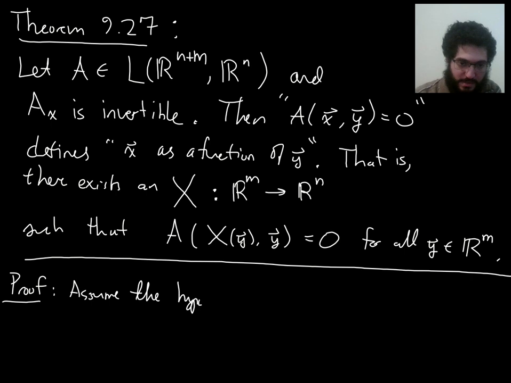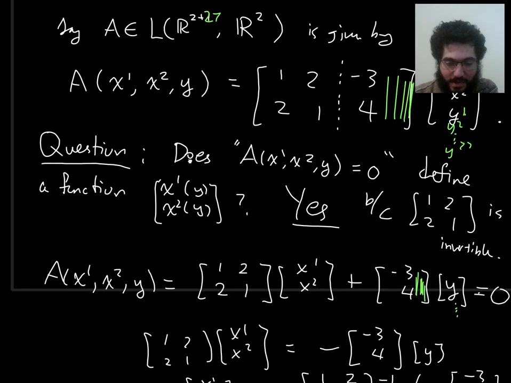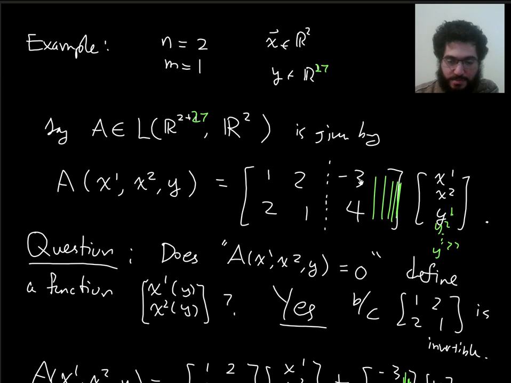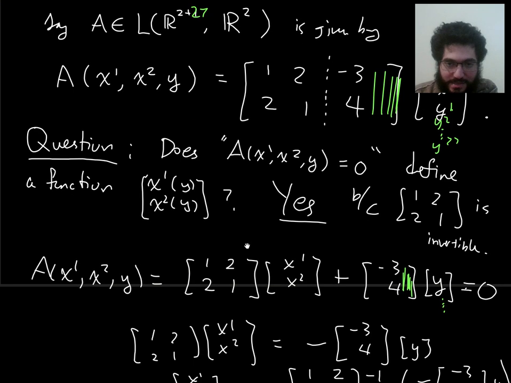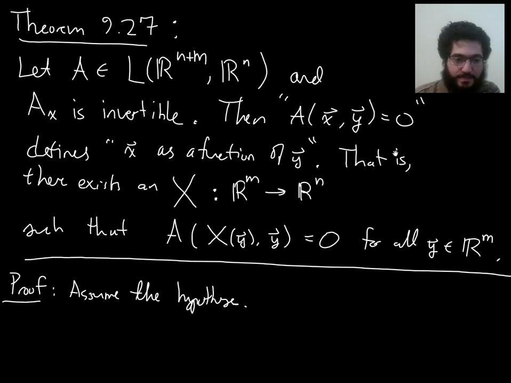So assume the hypotheses. Then how are we going to define this function? Well, it's the same principle that we carried out here. Split up the way A operates on x comma y as A sub x, this submatrix, applied to the x part, plus A sub y, this submatrix, applied to the y part.